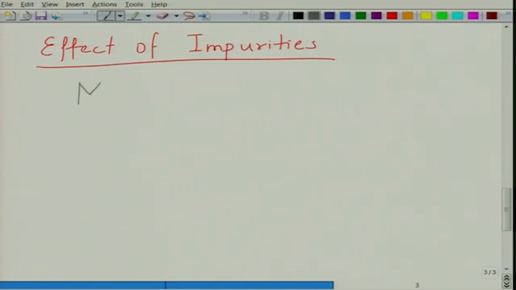So, if you have oxide MO, you might have an impurity which is, let us say, A2O. Okay.